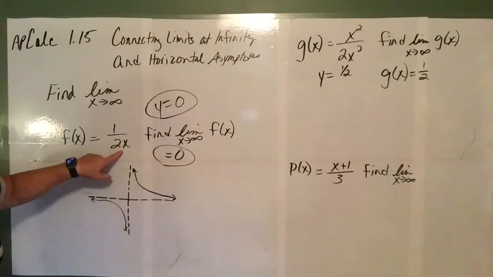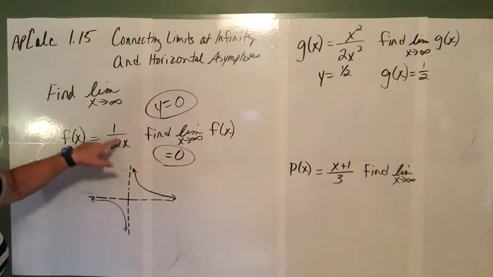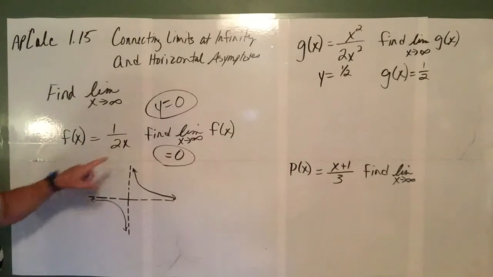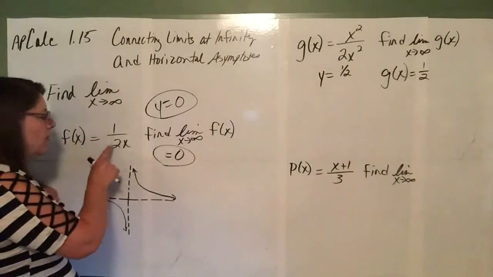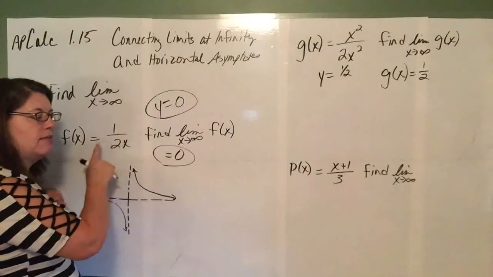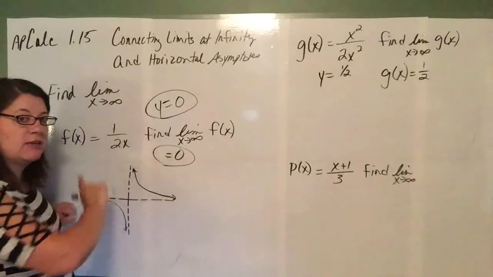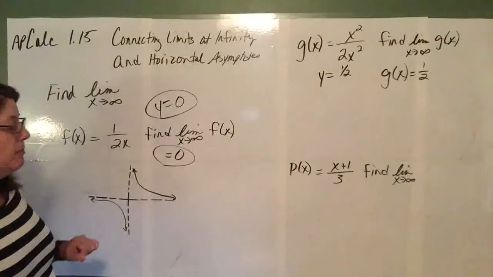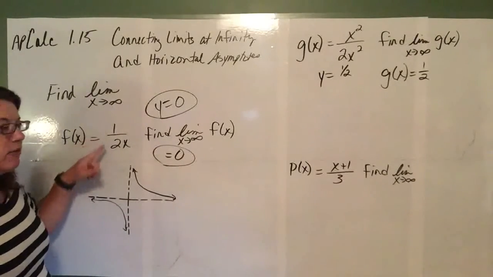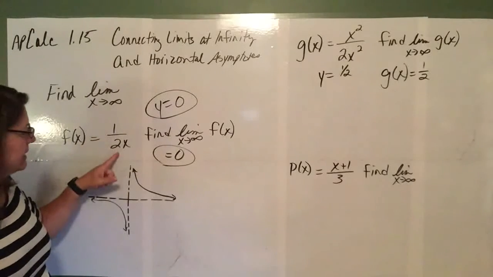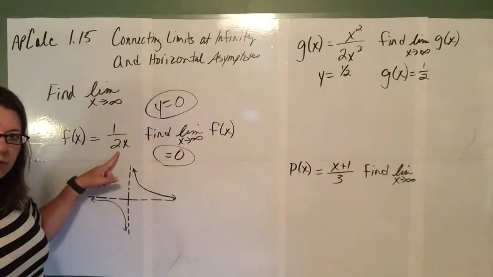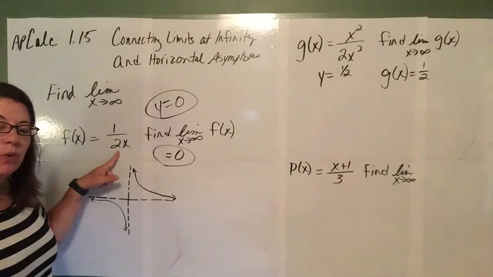Let's do that here. If I plug infinity in, as we have 1 over 2 times infinity, well, if the number on the denominator is getting larger and larger and larger, doesn't that mean this entire fraction is approaching 0? It's getting smaller and smaller? Because if you think about it, if we plug 1 in, we'd have 1/2. 2 would give us 1/4. 3 would be 1/6. 4 would be 1/8. 5, 1/10. 6, 1/12. 7, 1/14. 8, 1/16.